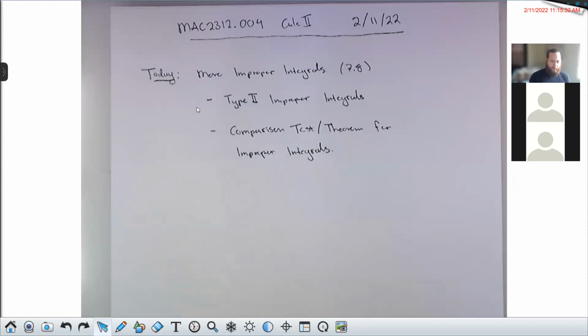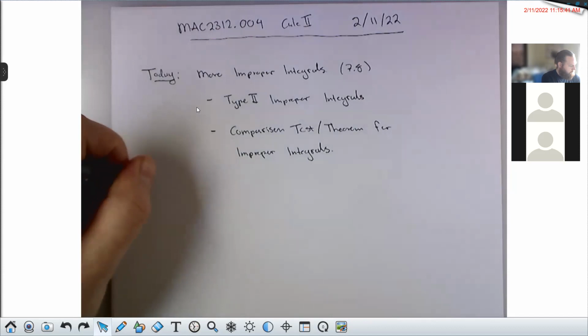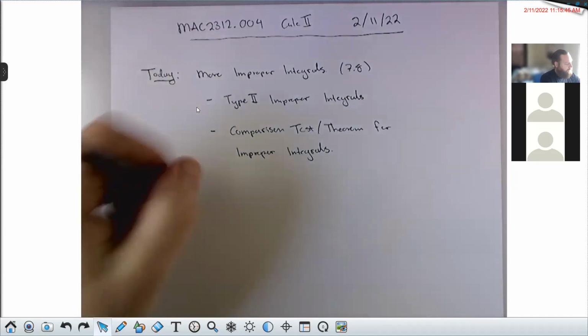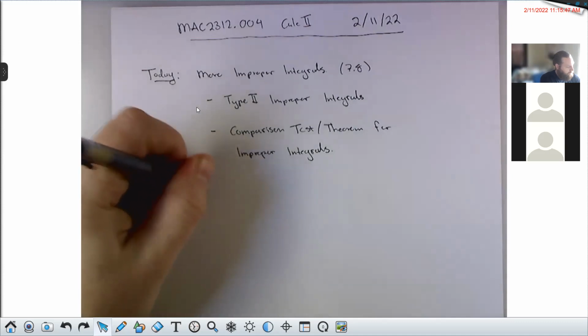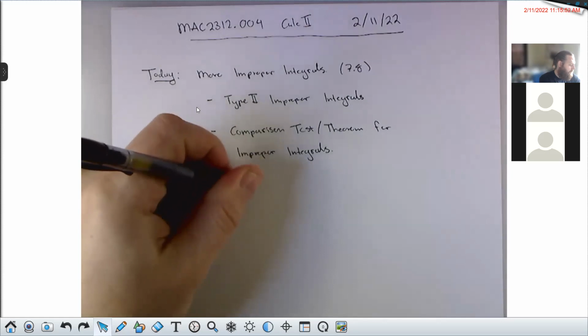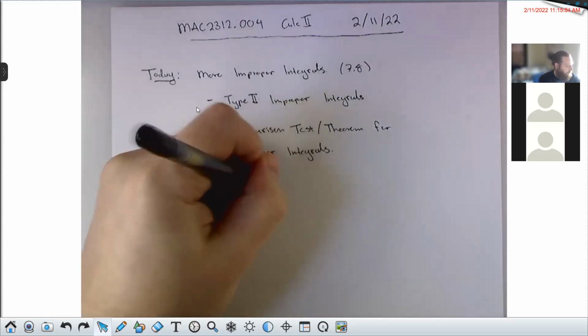But before we do any of that, I just want to talk about type 2 integrals for a little bit. At the outset, let me just remind you of a couple things. So type 1 improper integrals, I need an abbreviation for improper integrals.